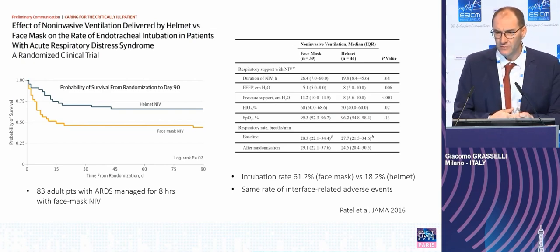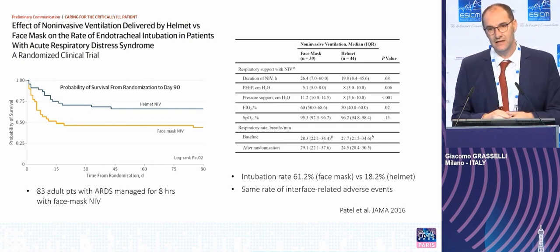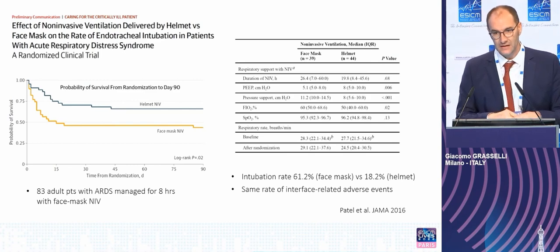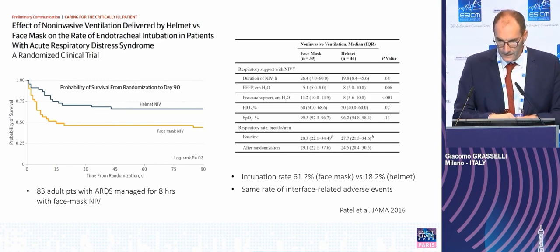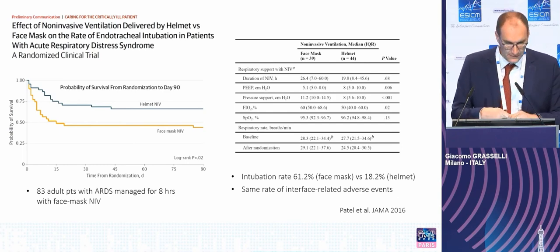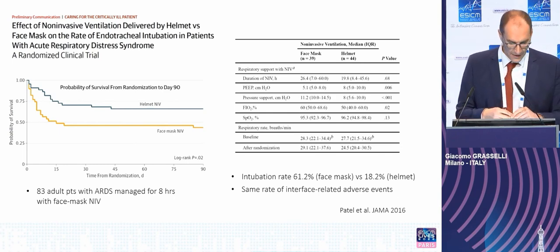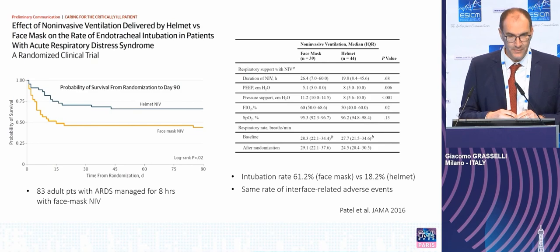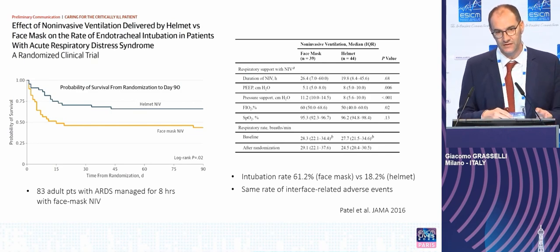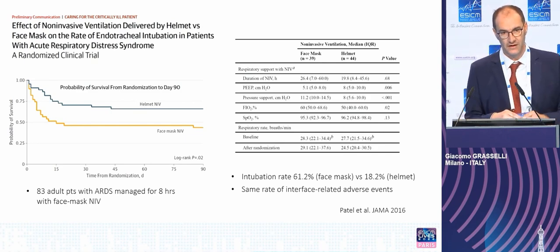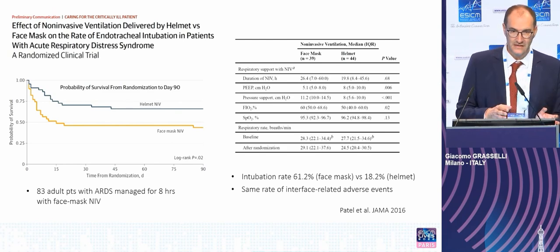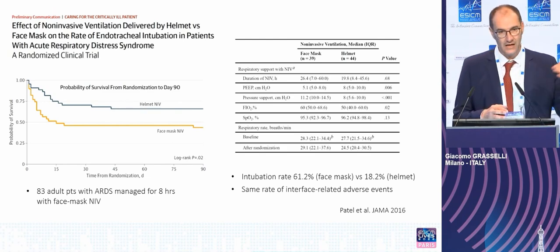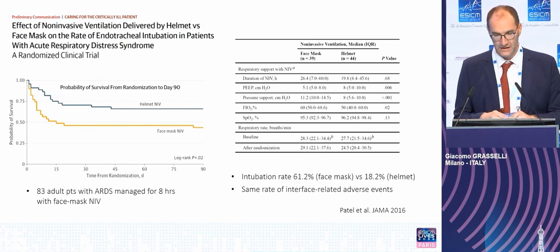Well, this is probably the most famous study. This is a non-COVID study published in JAMA in 2016. This study was interrupted early after the inclusion of 83 adult patients. These were ARDS patients that had been managed with NIV for 8 hours with face mask NIV, and then were randomized to helmet or face mask NIV.